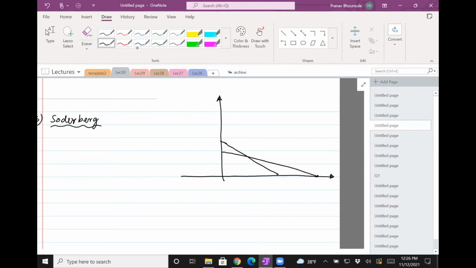Okay, so again we have the Langer, Goodman. So the Soderberg line joins SE with SY.